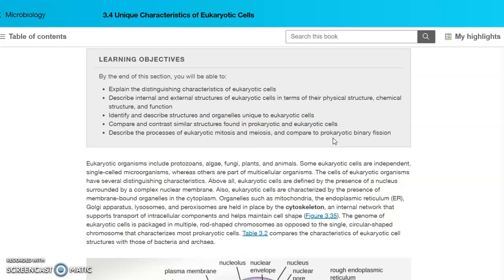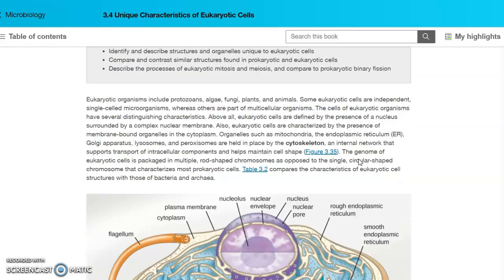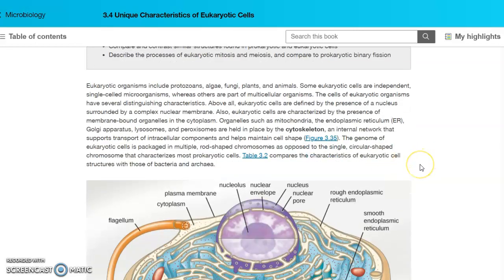So when we switch gears now and talk about the eukaryotic cells, that's going to be our hallmark, that true membrane-bound nucleus. Eukaryotic cells include everything except for bacteria and archaea, so that's the algae, protozoans, fungi, plants, and animals.